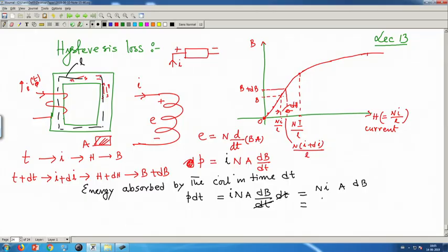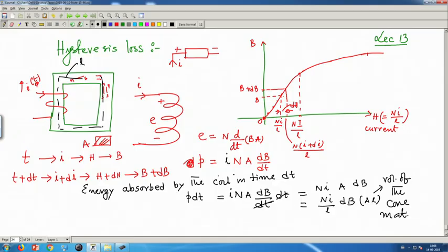So, you will be getting N I by L dB into A into L. This is what you will get. AL becomes the volume of the core material, cross sectional area into the average length. So, this is the volume of the core material.